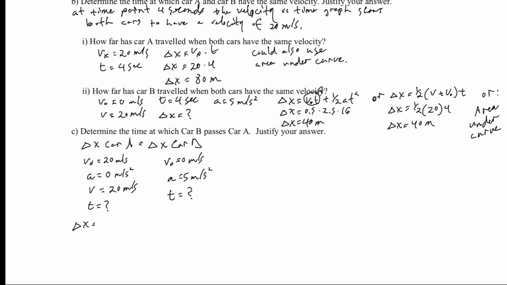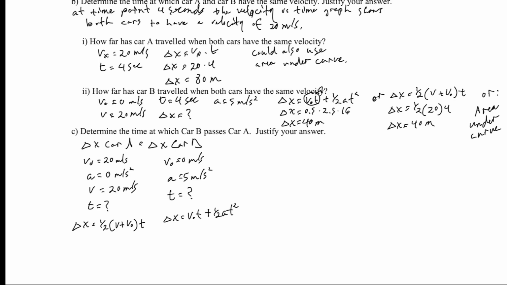On the left side, we can say delta x is equal to 1/2 v plus v naught times t. On the right, we can say delta x is equal to v naught t plus 1/2 at squared.